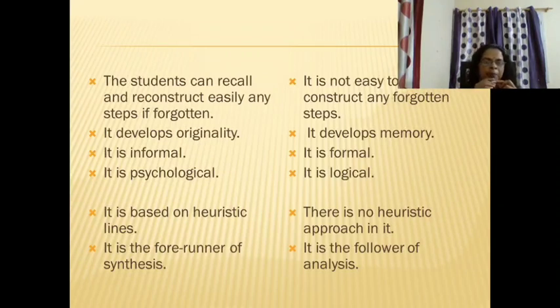For example, suppose you want to derive a formula: using the analytic method you can derive the formula, then directly apply it when you do the problem. So that is synthesis. So it is the follower of analysis.